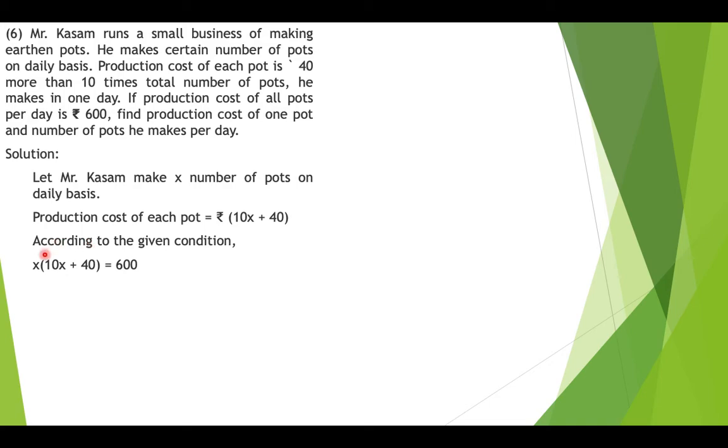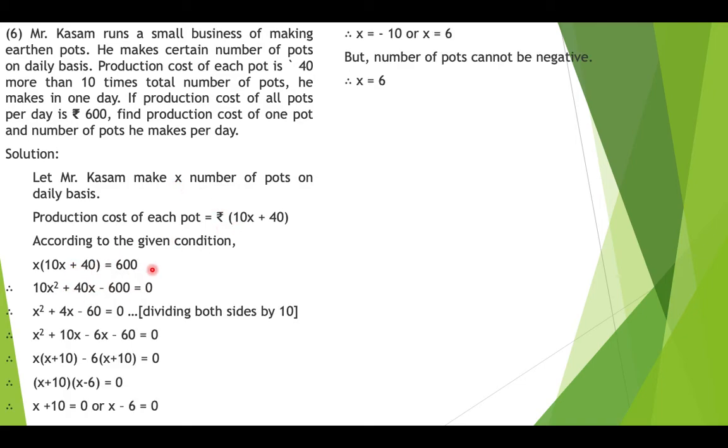According to the given condition, the production cost of all pots per day is 600, so x into 10x plus 40 is equal to 600. Then we can solve this and we get x is equal to minus 10 and x is equal to 6. But the number of pots cannot be negative, so x is equal to 6.